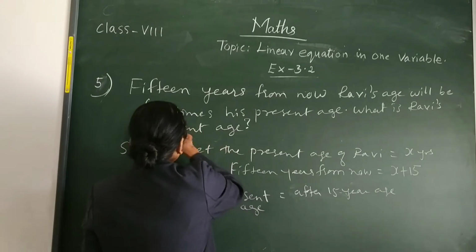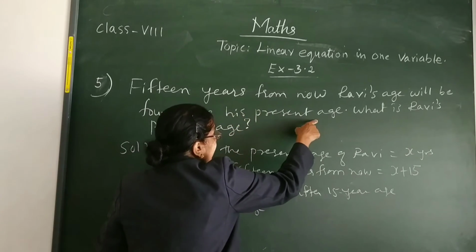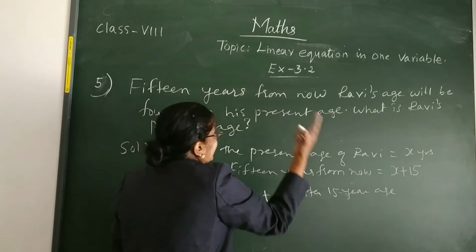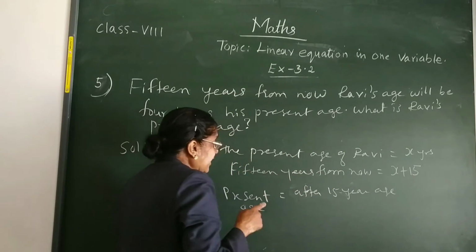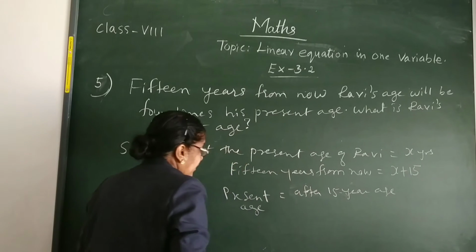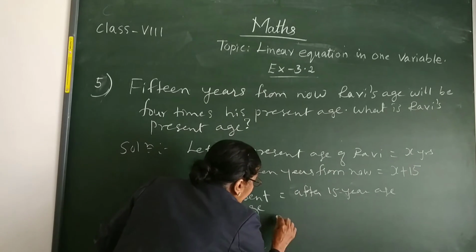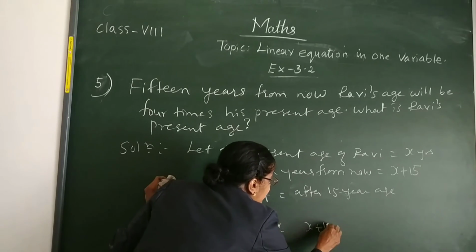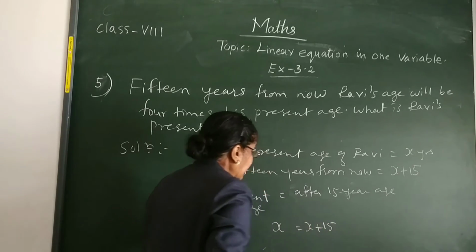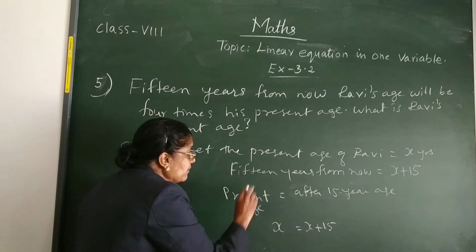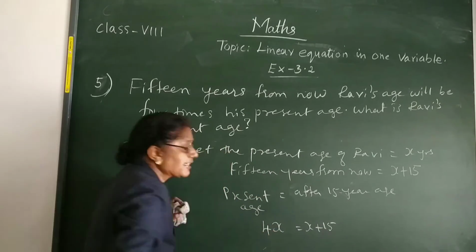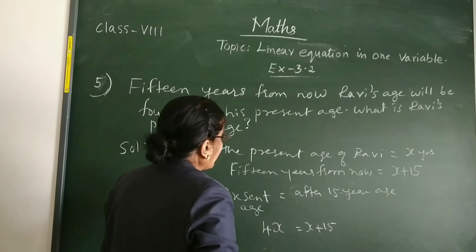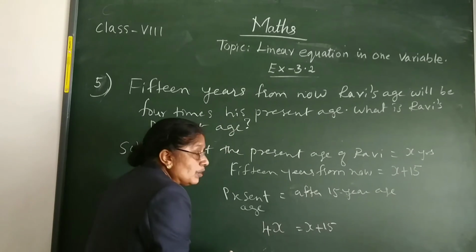So what is he saying? His age after 15 years will be 4 times his present age. So present age is x, and after 15 years his age will be x plus 15. That means what will happen? 4 times the present age. So 4x will be equal to x plus 15. So what we have to do now?